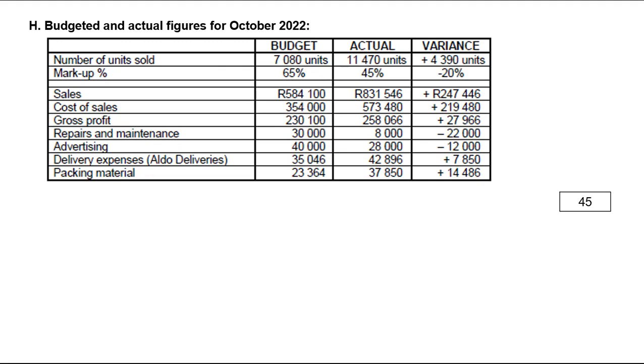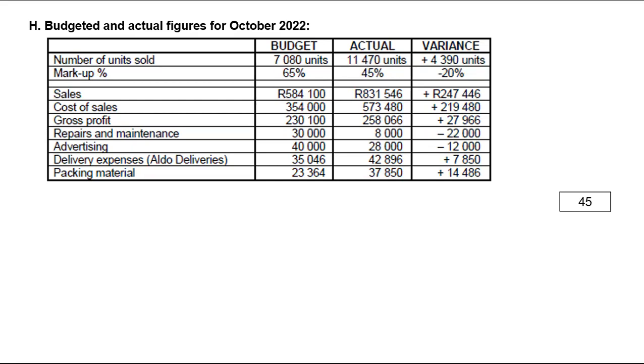When you look at your delivery expenses, they increased by 7,000, but also notice that your sales increased by 4,390, resulting in sales increasing by 247,446. I don't know what was happening around October 2022, but you realize that fuel prices have been going up ever since the Russia war started.